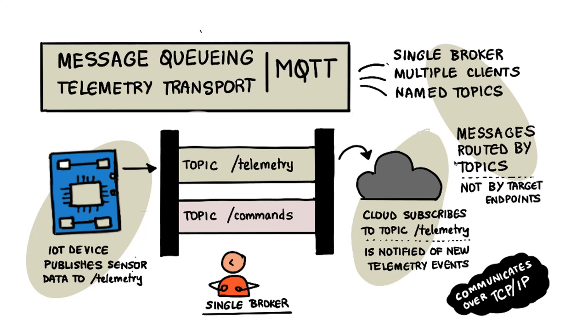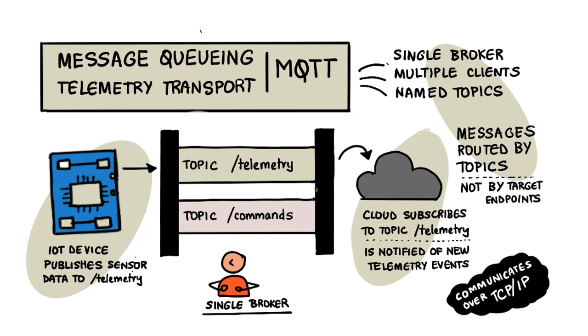So for example, you create a topic called Telemetry, and your IoT device would send a message to the telemetry topic, and then the cloud would subscribe to the telemetry topic and pick up those new telemetry events. So you would send soil moisture or temperature or light to the telemetry topic, and then on the other side, the cloud would subscribe to that and pull off those values.